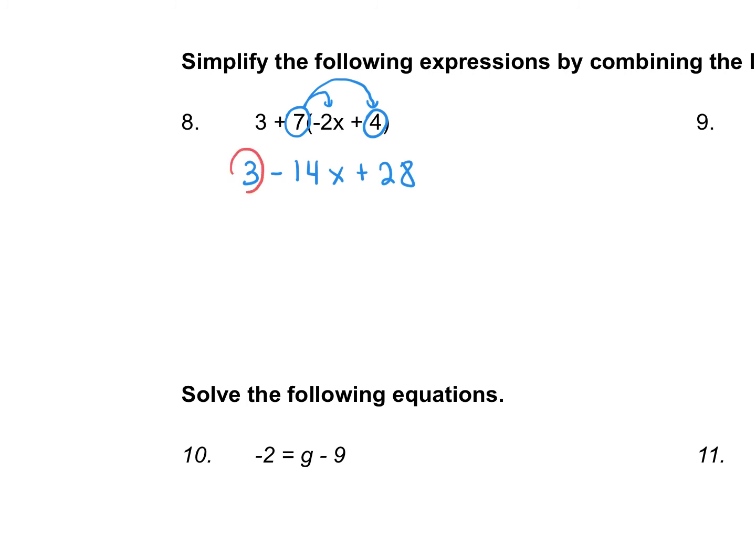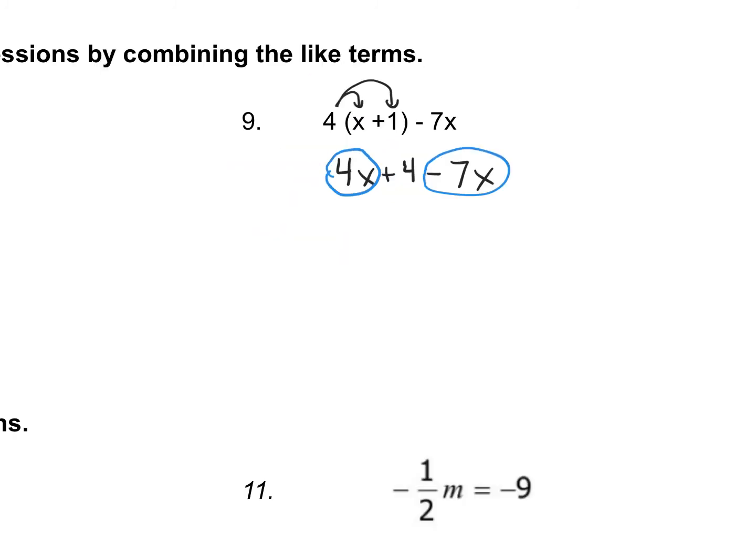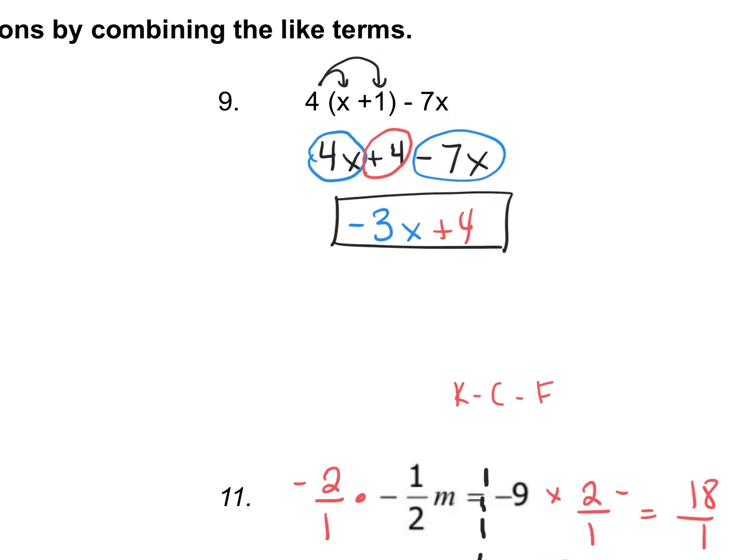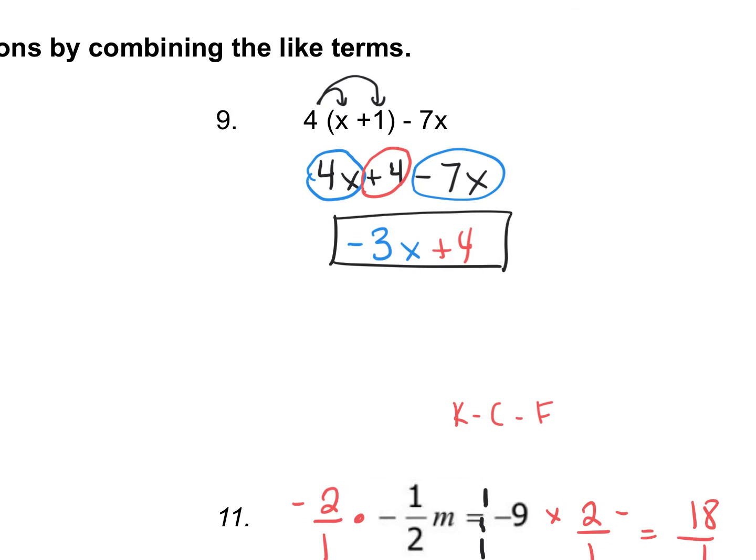Now I'm going to circle my like terms, my constants. Take a look here. Check this one. Make sure you distributed and then combined your like terms.